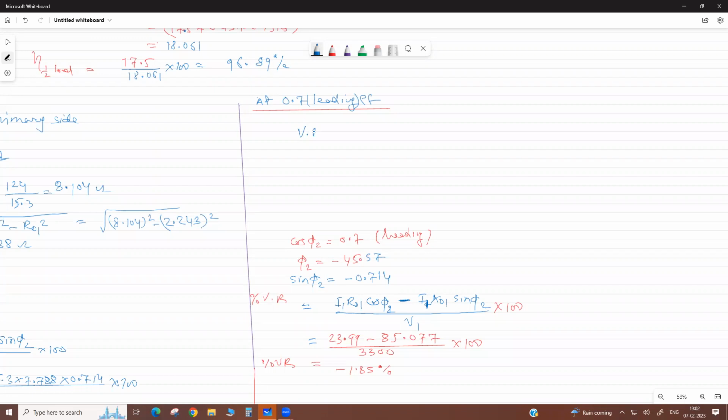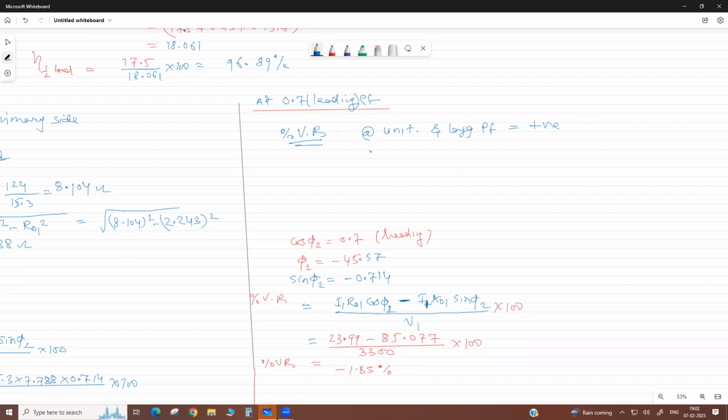So the percentage voltage regulation, if we talk about this regulation, at unity power factor and lagging power factor, it is positive, and at lagging power factor it is higher, positive and higher.